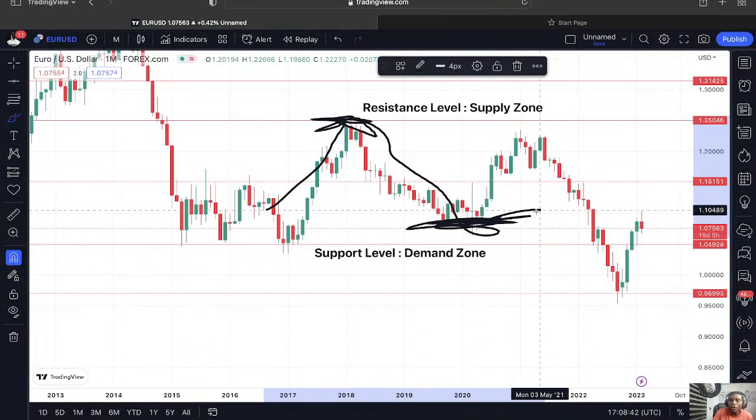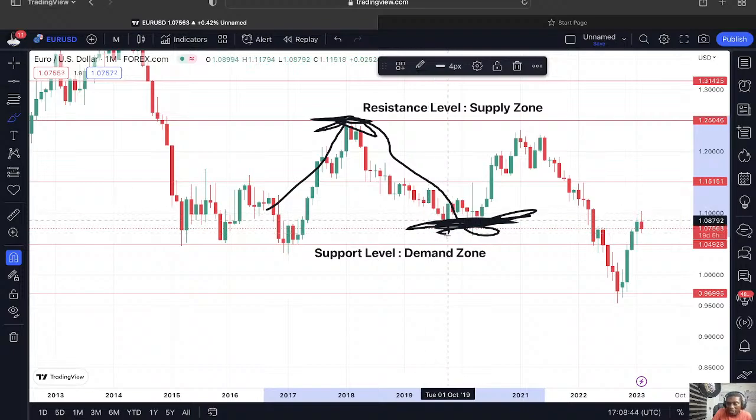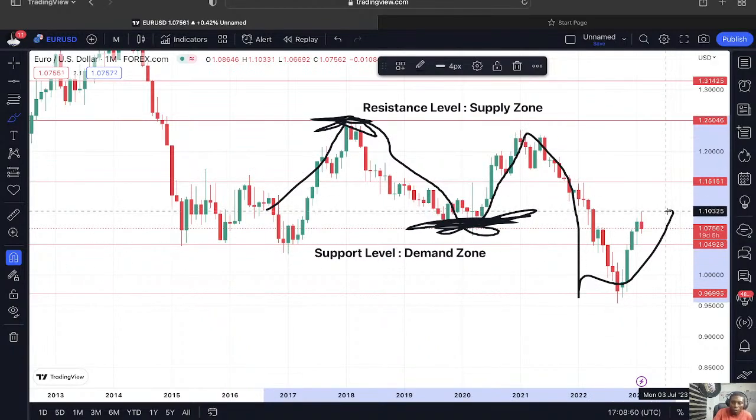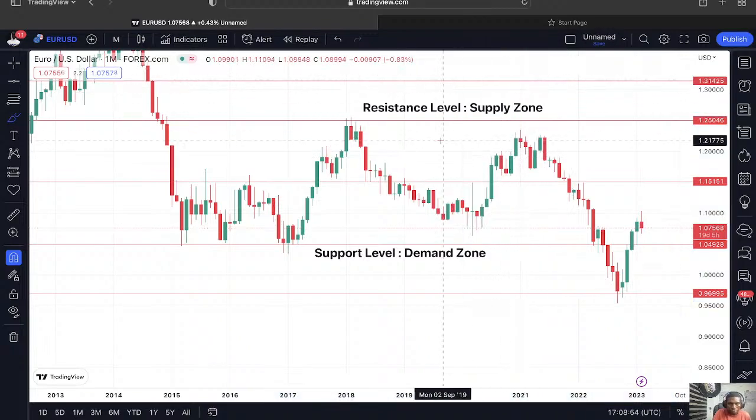This level is what we call the demand zone, because when the demand steps in, it pushes the price up, and so on and so forth. Good. And this is very, very important for us to always look out for.